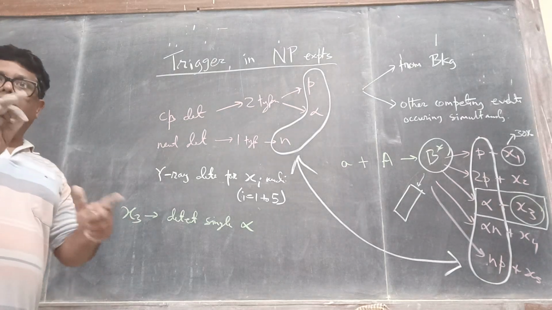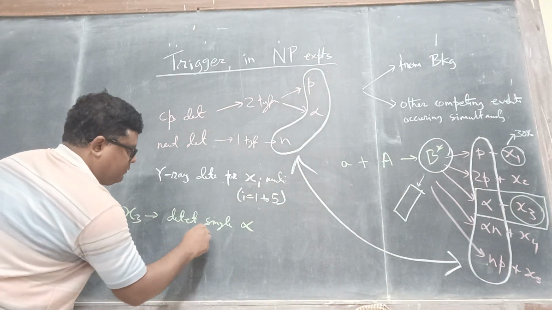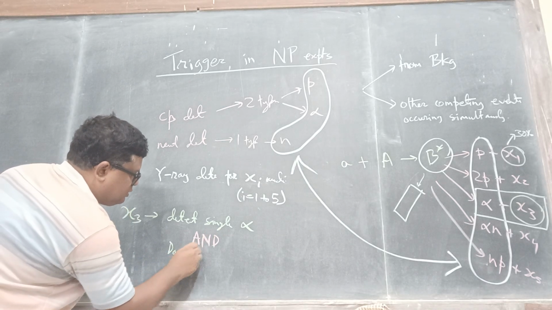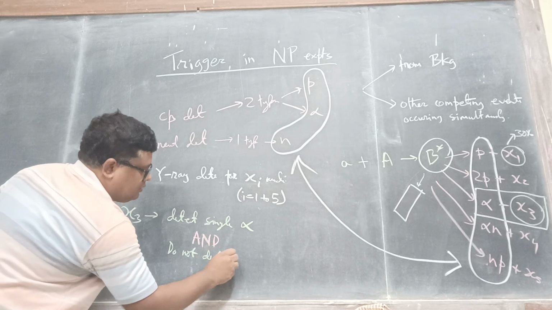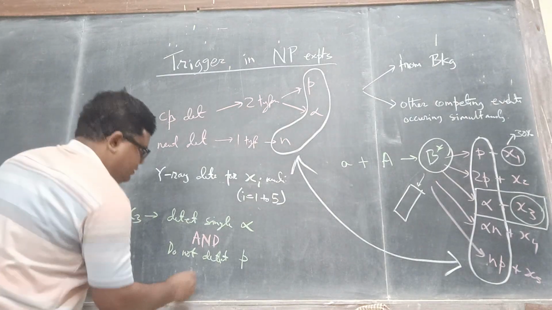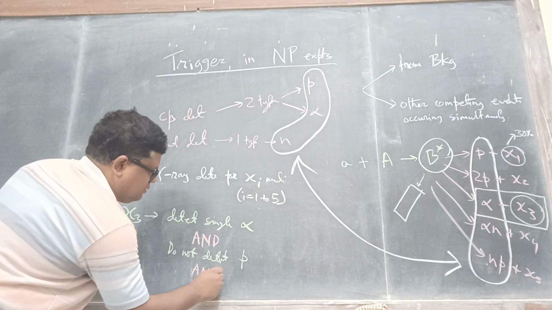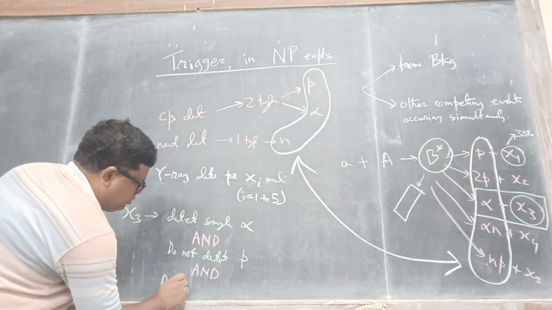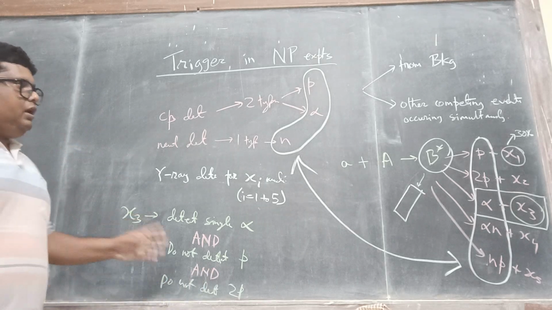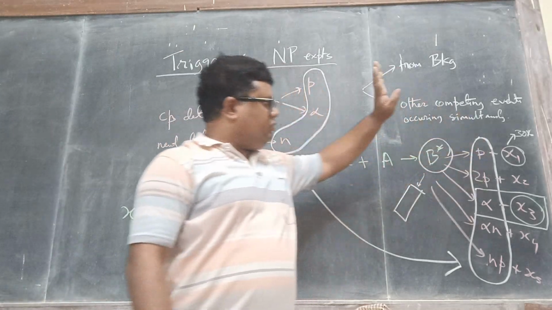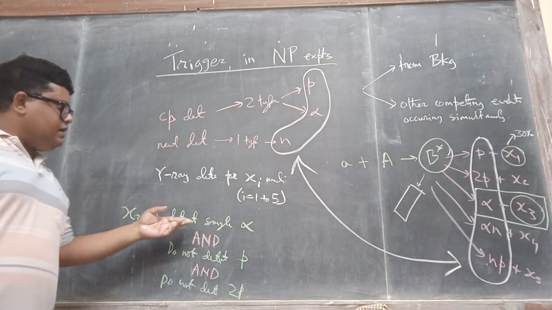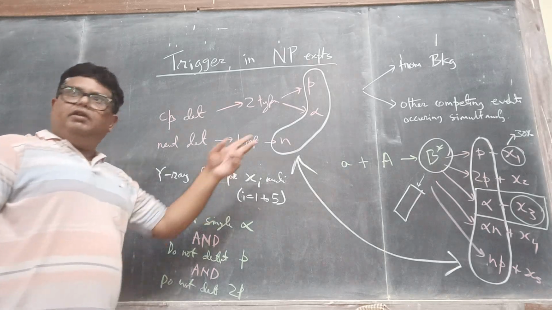Next, any more condition? Let us put an AND operator. And do not detect proton. Again, and do not detect 2 proton. Now when I say do not detect proton, this I am going to rule out. Again 2 proton I am going to rule out. Of course, if I just detect single alpha, they will not be coming.